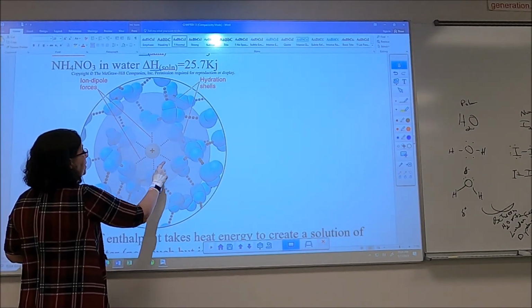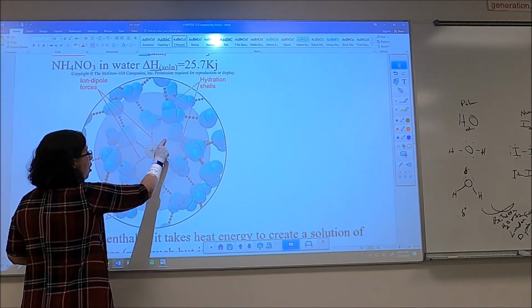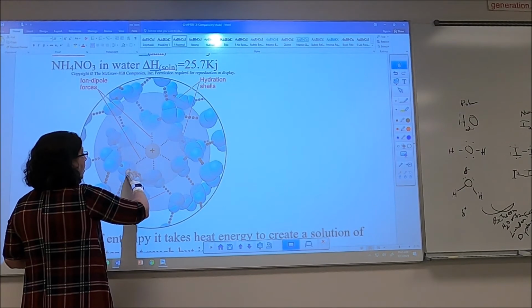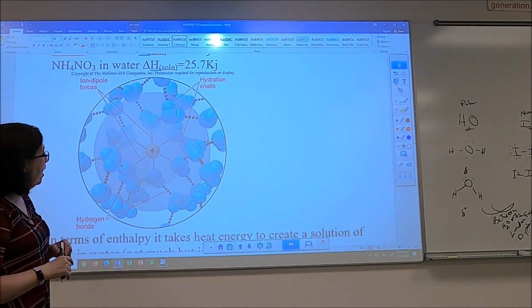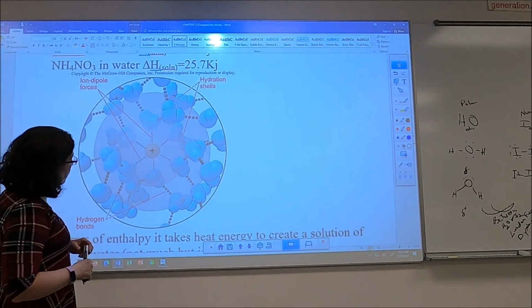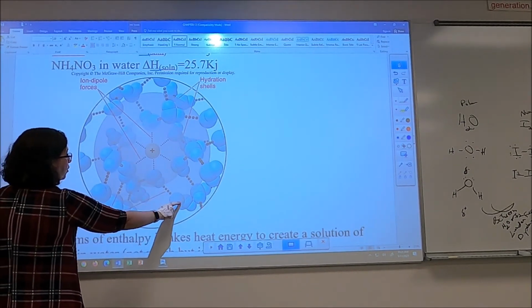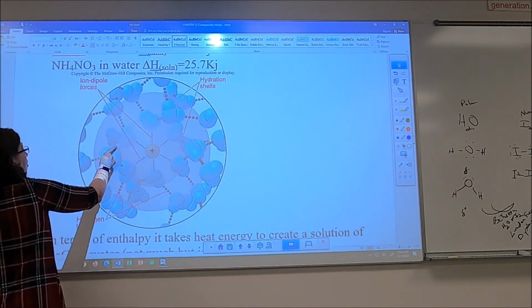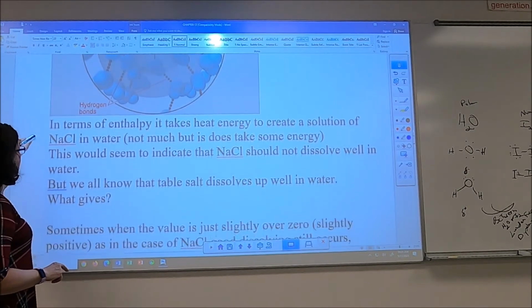They become waters of hydration, and they form what are called coordinate covalent bonds. These guys pretty much attach themselves to this sodium ion and then interact with the rest of the water molecules. Notice that these water molecules are hydrogen bonding to all these other water molecules.